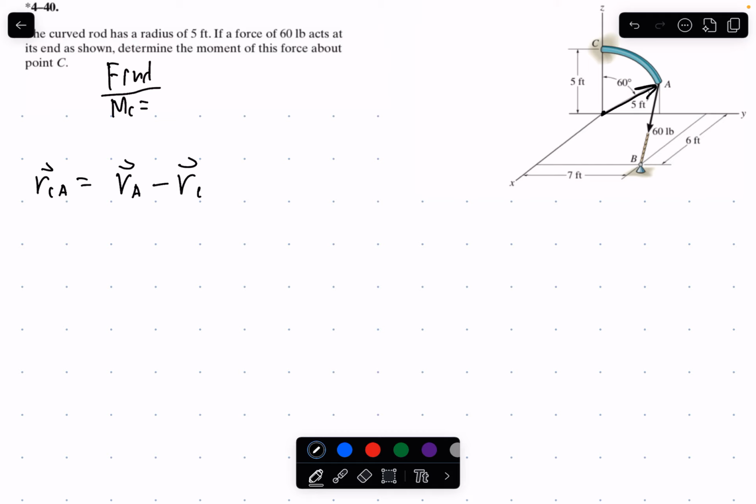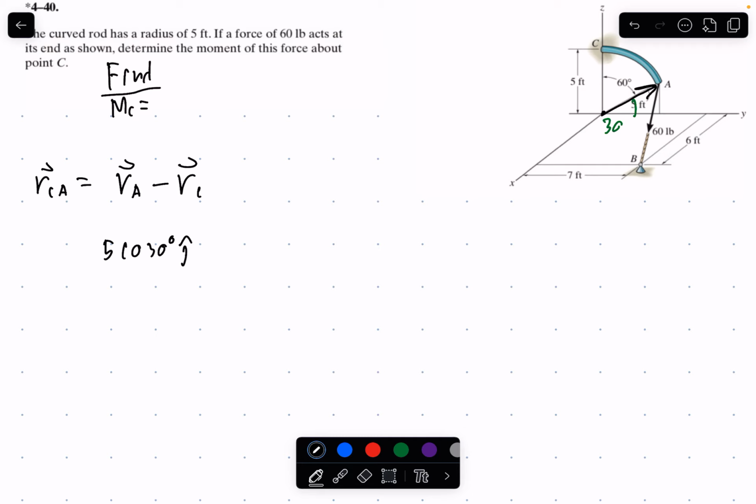And in the y direction, it's going to be positive cosine of 30, given that this angle here is 60, so the angle between the A vector and the y-axis is going to be 30 right here. We know the radius is going to be 5, of course. It's going to be 5 cosine 30 degrees, in the positive j hat direction.